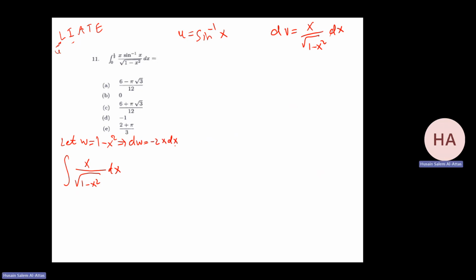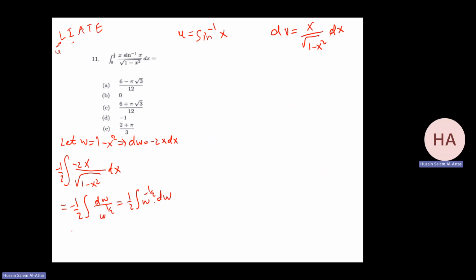Minus 2x dx. So I need minus 2 here and minus half outside. So that will be minus half integral, this is dw over w to the power half, which is w to the power minus half dw.